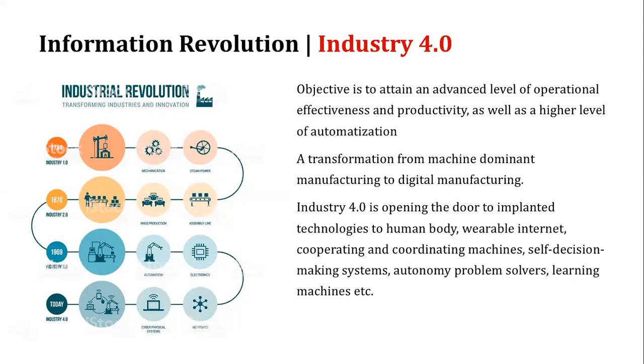So this is where we are, and we are now going past Industry 4.0 and even moving to Industry 5.0, which is quantum computing, right? The whole thing of big data, data analytics, artificial intelligence, all this came because of this Industry 4.0.